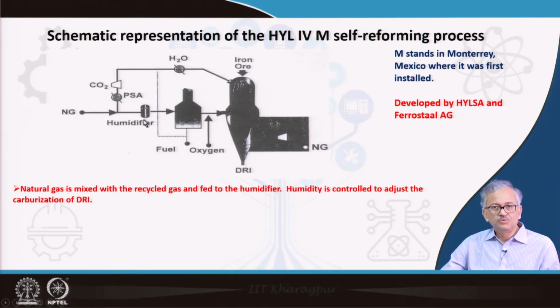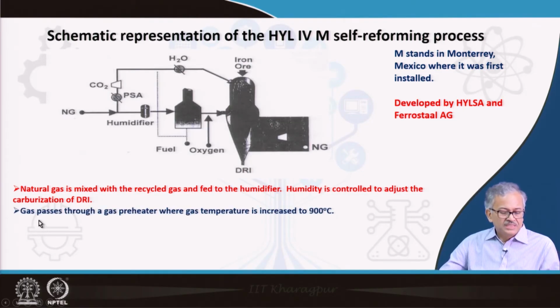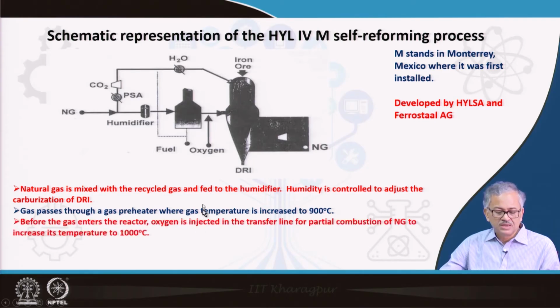So with the humidification you can control the carbonization of DRI inside it also. The gas passes through a gas preheater, where the temperature is, as I said, 900 degrees centigrade, and then with inline oxygen injection the gas can be more than 1000 degrees centigrade before entering into the reduction reactor.